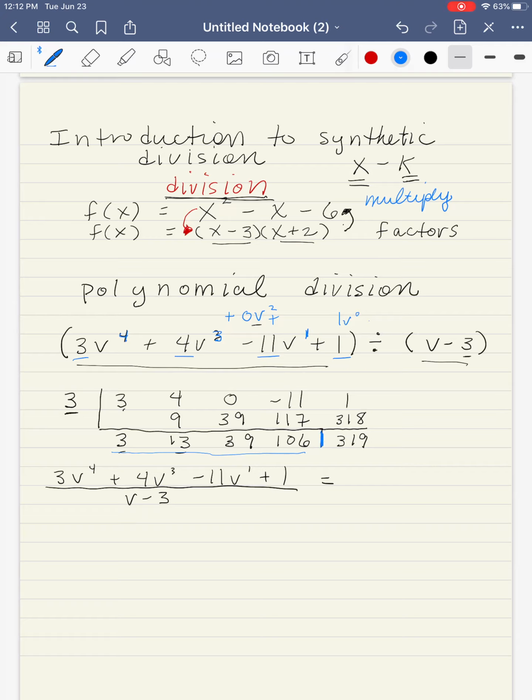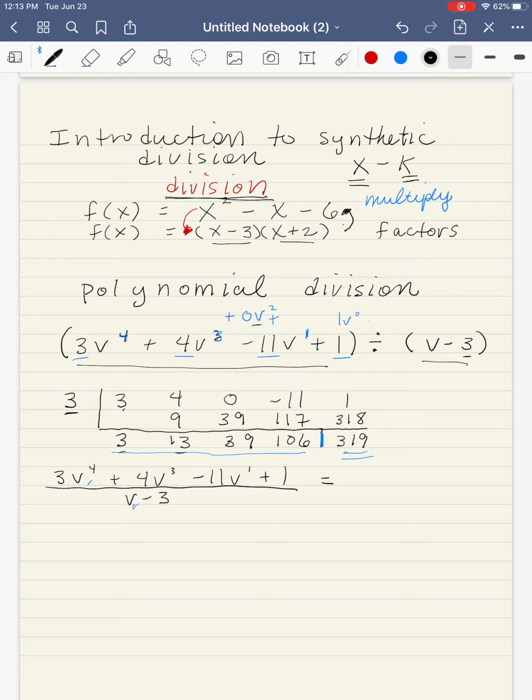So we're going to see that our quotient here is represented by the numbers down here. And notice that I've put a bar right here, and we're going to see that this number is separate, and we'll see what we do with that in a minute.